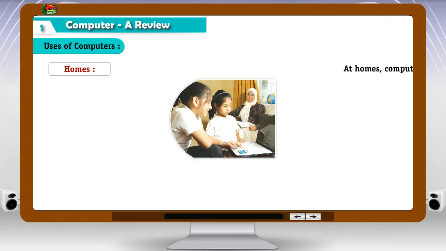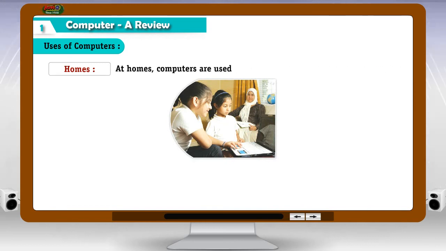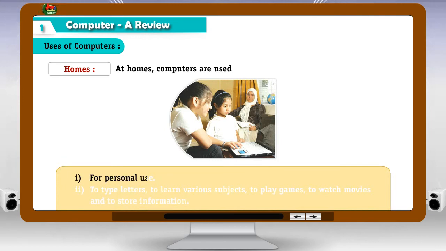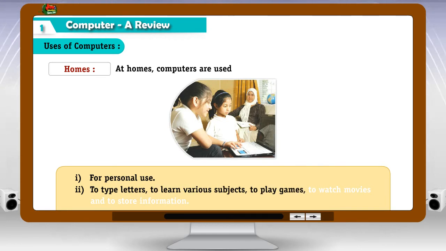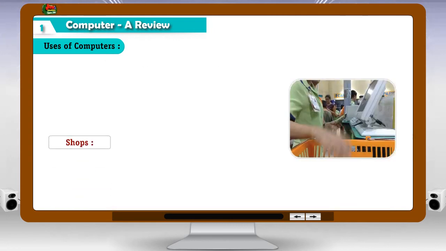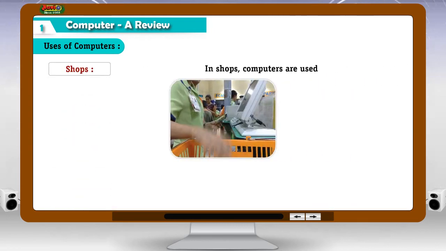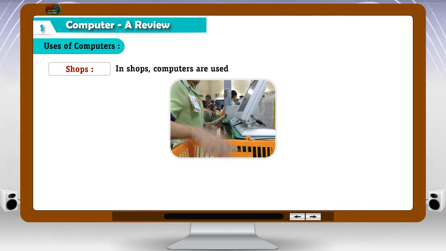Homes. At homes, computers are used 1. For personal use. 2. To type letters, to learn various subjects, to play games, to watch movies, and to store information. Shops. In shops, computers are used 1.